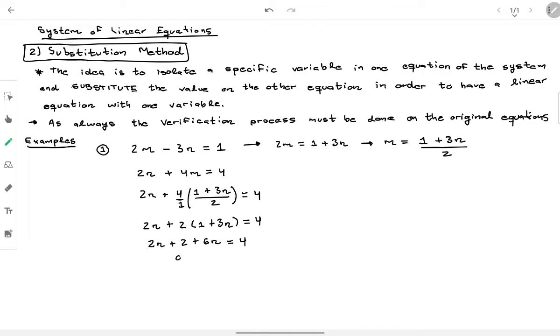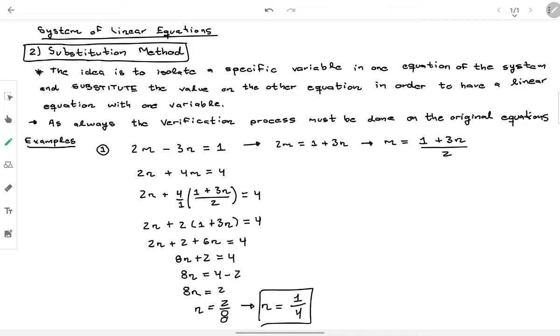It's going to be 8n plus 2 equals 4. 8n equals 4 minus 2. 8n equals 2. n equals 2 divided by 8. We can simplify our answer. n equals 1/4. We have already the value of n.